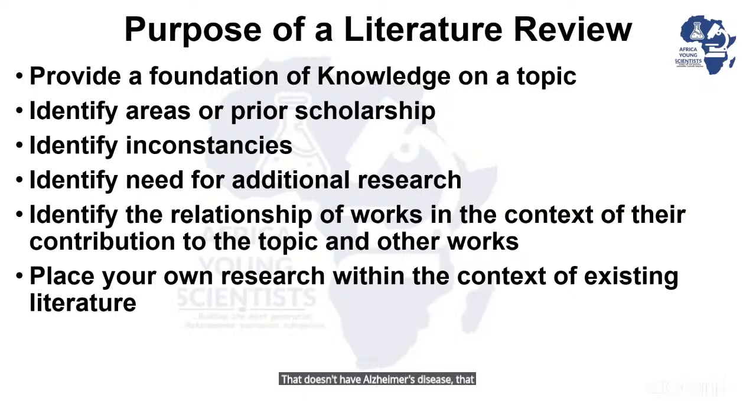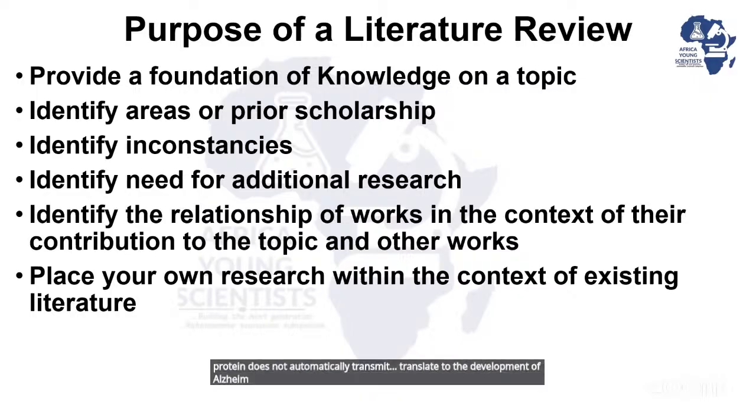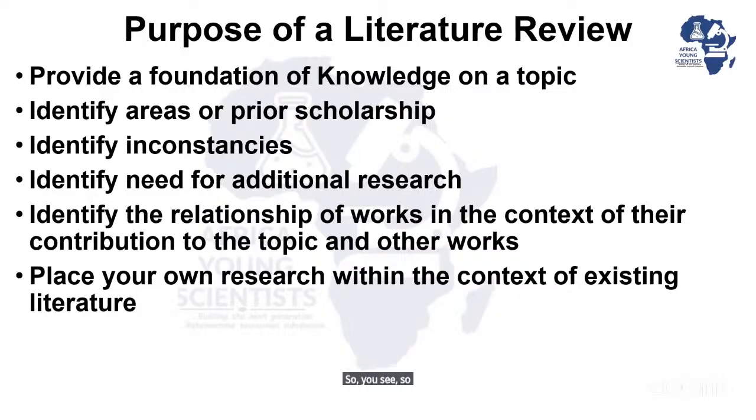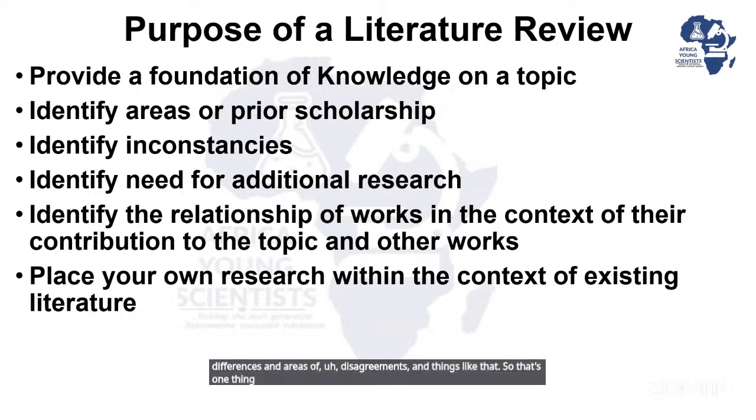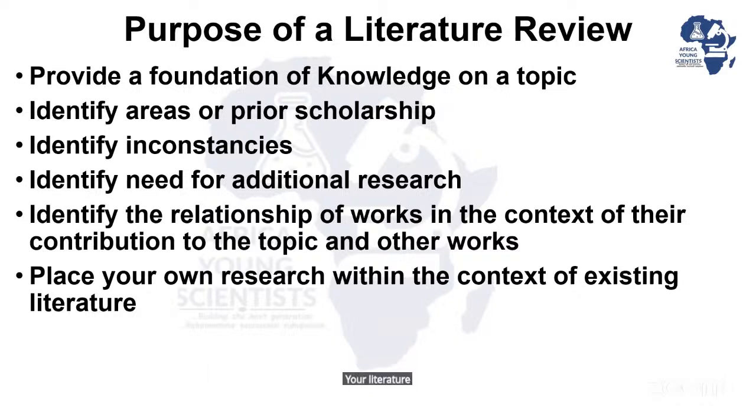The presence of amyloid protein does not automatically translate to the development of Alzheimer's disease; it is not the same. So you see, based on your literature search, you start seeing some of these differences and areas of disagreement. So that's one thing your literature search will help you to identify.